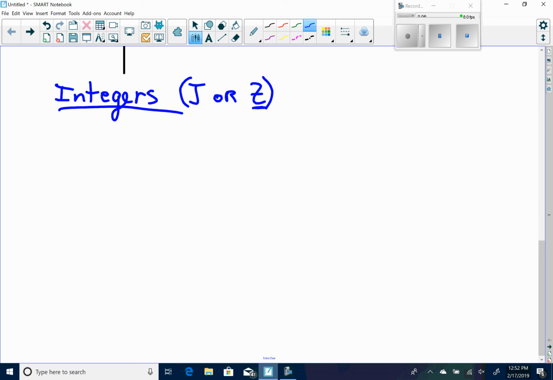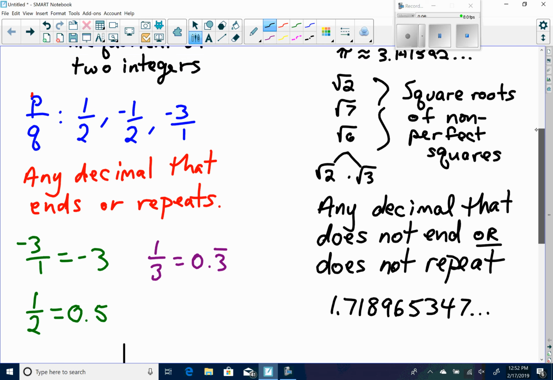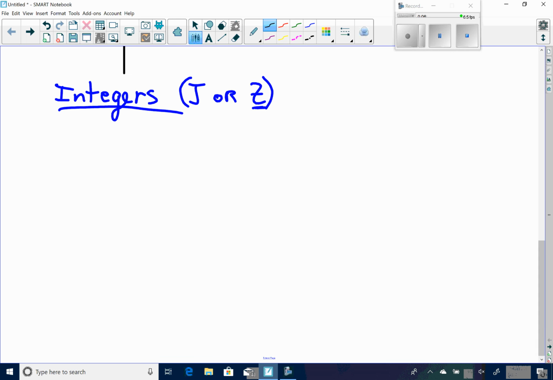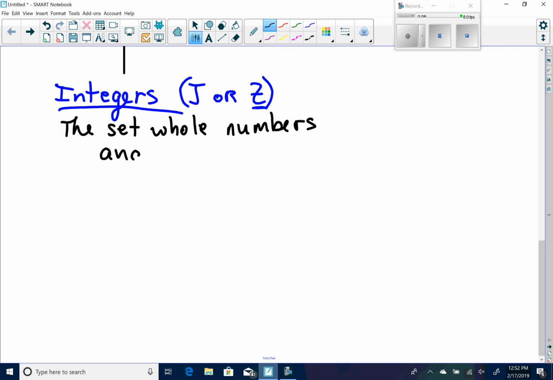But pretty much integers are, if we look back up here at rationals, if we took away all the fractions and decimals, we're left with integers. So the best way to describe this is the set of whole numbers and their opposites. I know I haven't talked about whole numbers yet.